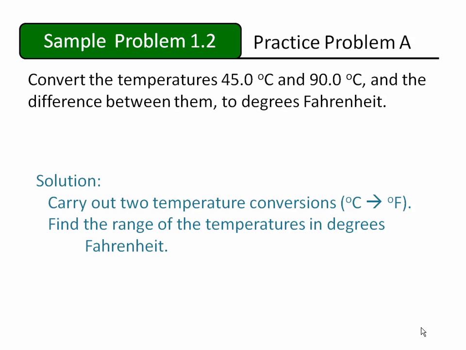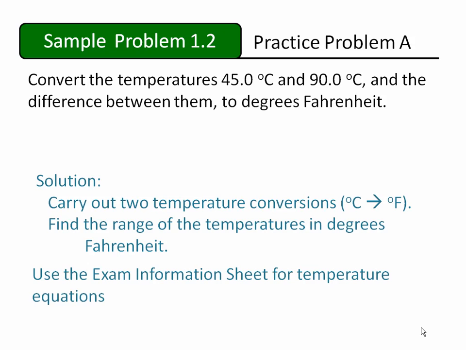To solve the problem, we'll have to carry out 2 Celsius to Fahrenheit conversions and then do some subtraction to determine the difference or the range of the temperatures in Fahrenheit. We can find the appropriate equation for these temperature conversions on the exam information sheet.